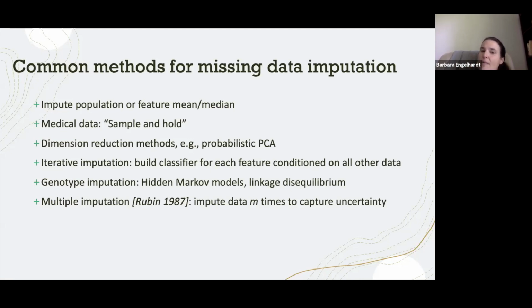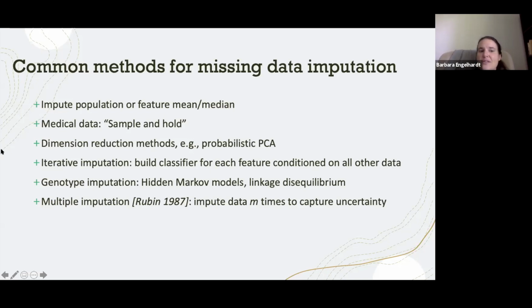You use some version of expectation maximization to first guess the values of the missing data, build the dimension reduction, and then iterate, reconstructing the missing values using that dimension reduction, and continue to iterate until you have a reasonable set of values for the missing data in the original data set. Probabilistic PCA is one example, but there are many examples of this.